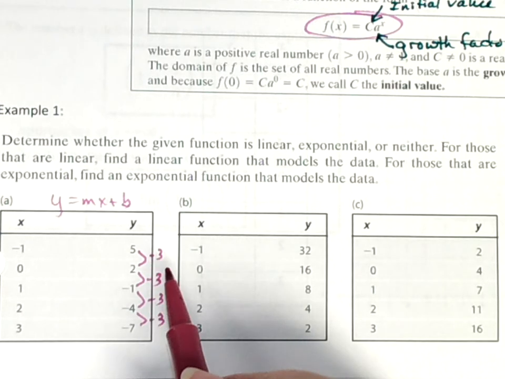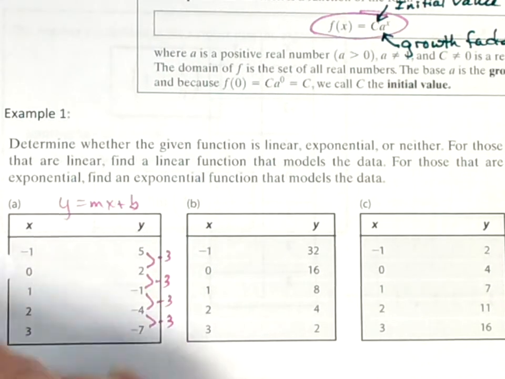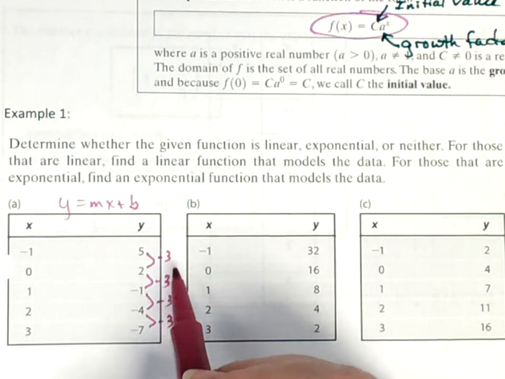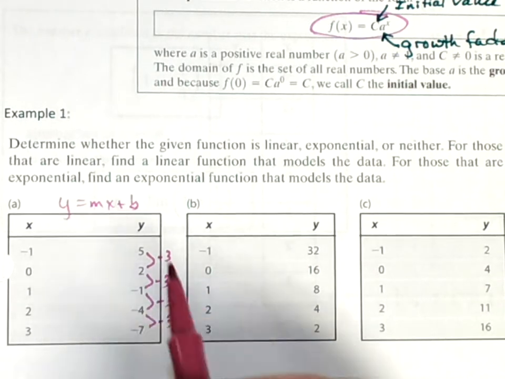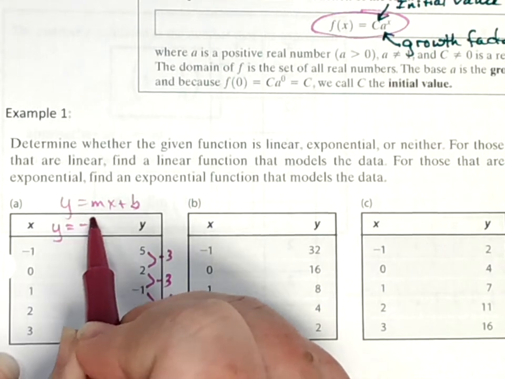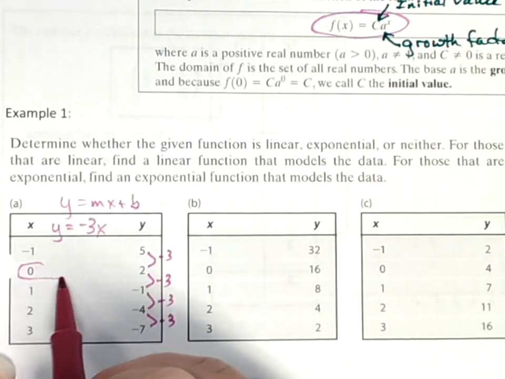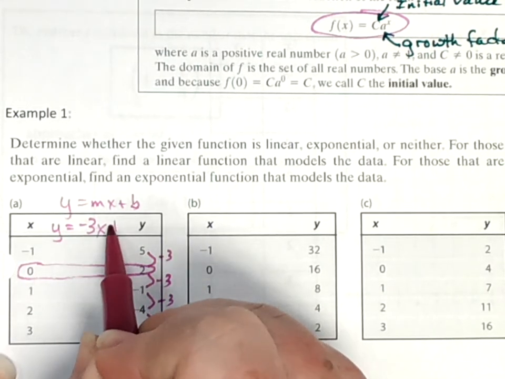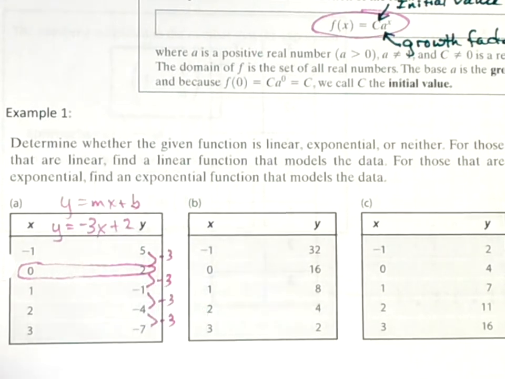And a constant rate of change is called a slope. The change in y over the change in x, which here was just 1 each time, was a constant rate of change. That's our slope. So the equation for this first table is y equals -3x, and my initial value is right there, plus 2. We know that we have a linear equation in this table of data.